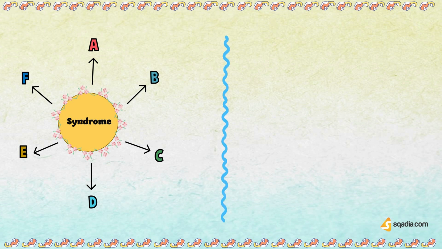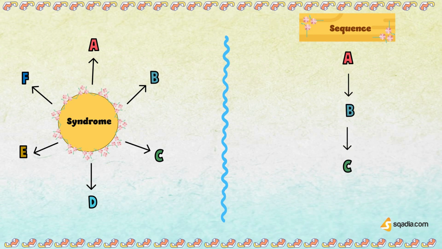Next is the sequence. Well, sequences are cascades of events. It means A leads to B, and B leads to C, and C leads to D. But if B is absent, C cannot occur. And ultimately, D can also not occur.